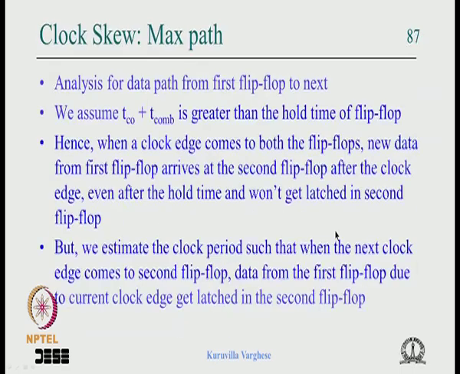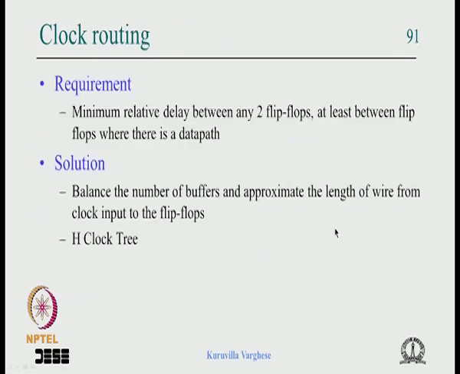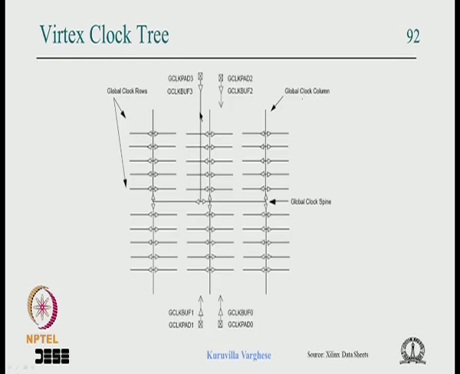The extension of that is the H clock tree, where from the input point you go horizontally, branch, then vertically branch, then horizontally branch. Wherever there is branching, you put a buffer. Now that does not mean this is just one endpoint where a single flip flop is connected.